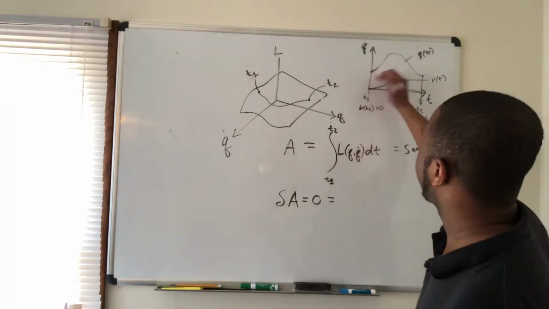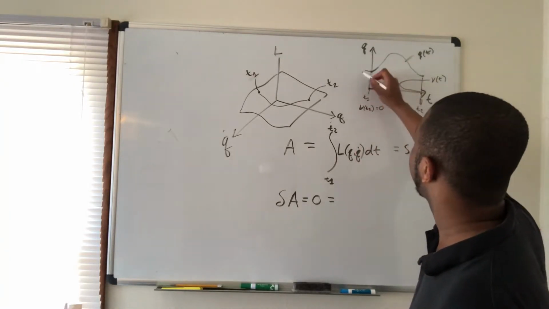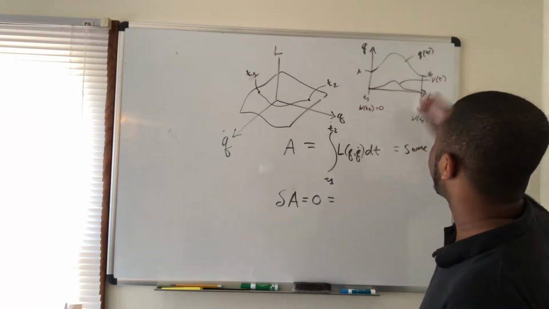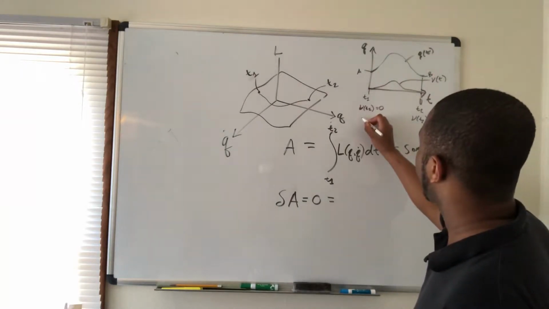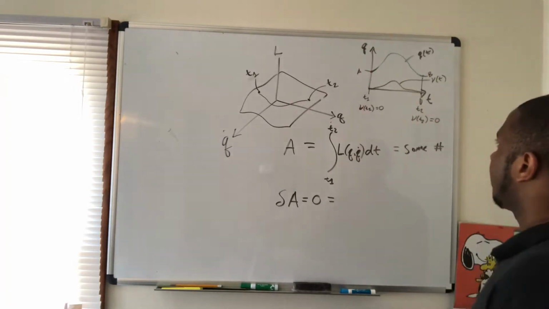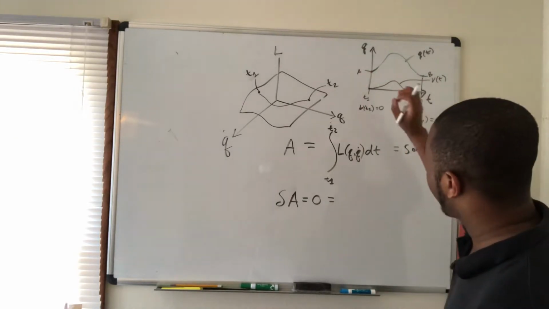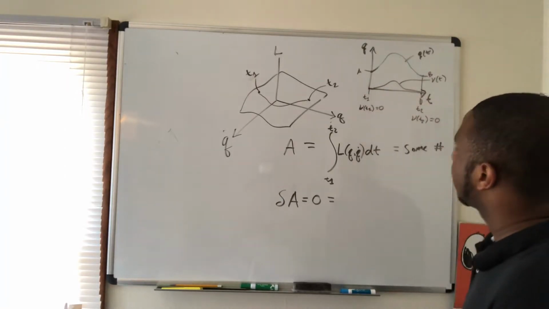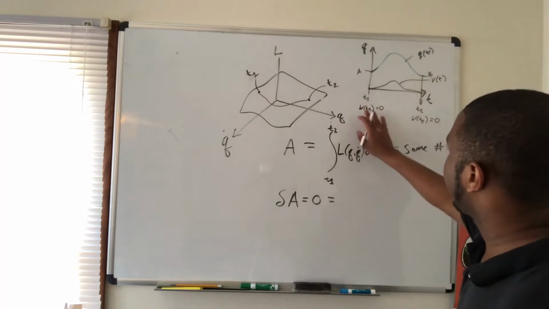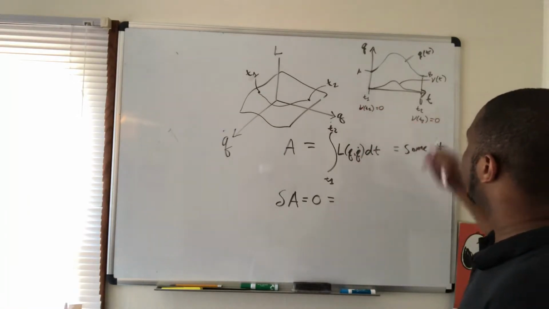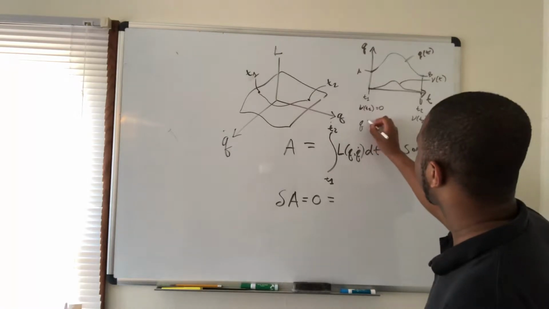Because let's say this is a value a, and this is some value b. This value a at t1 can't change, and this value b at t2 can't change. So that's why the function v at t1 has to be 0, and the function v at t2 has to be 0.